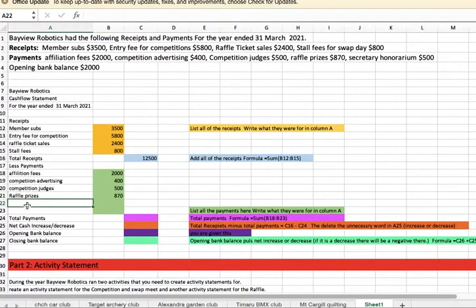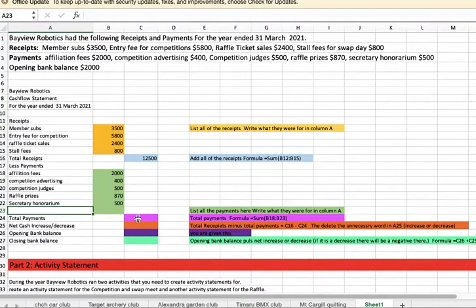And the secretary's honorarium. Now remember that an honorarium is a payment that clubs can make to someone who does a lot of work for the club, but that doesn't get paid because it's not a business, it's an organisation where people volunteer their time, and so they can be paid an honorarium to honour the amount of work that they've put in.